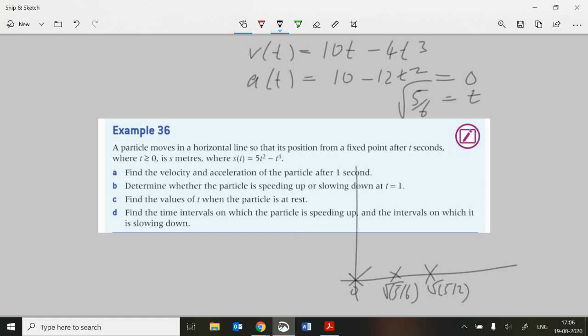And we need a sign table here, which is useful. So we've got our t for certain intervals, and then we've got v, and then we've also got the acceleration.